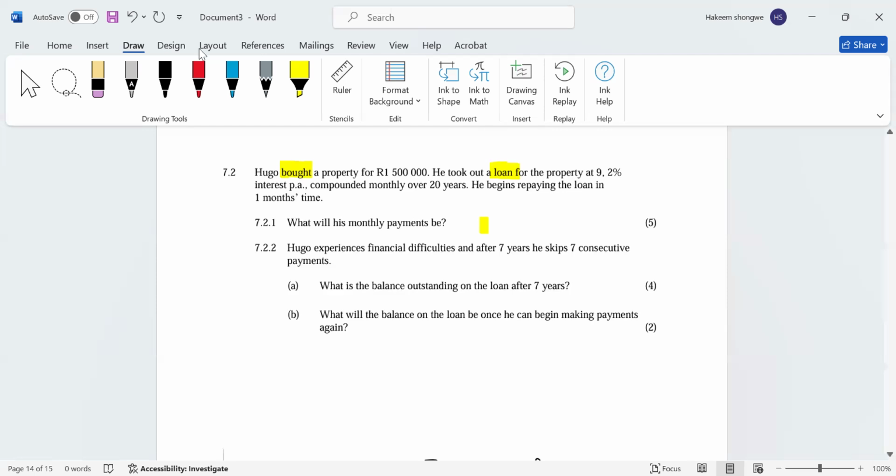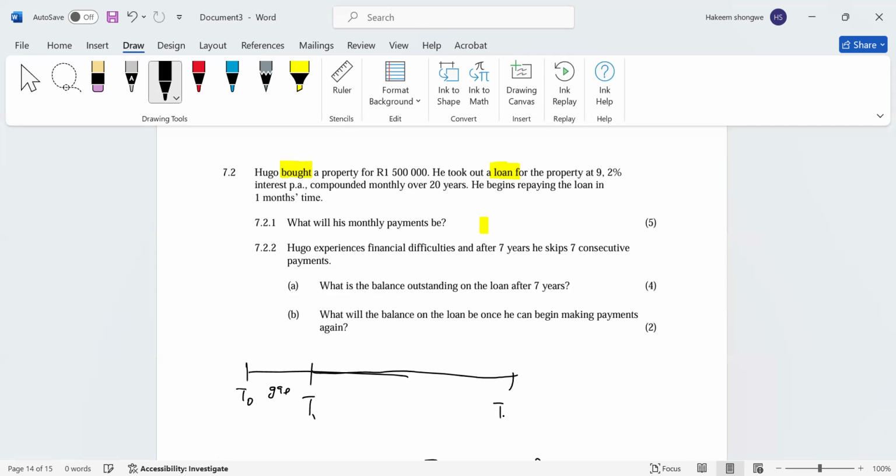Let's put this on a timeline. We have T0, where we take out the loan. Then we have the gap. Always remember we have a gap. We start to pay at T1, and we go on up until 7 years. How many months have we paid? 7 times 12, which is 84.